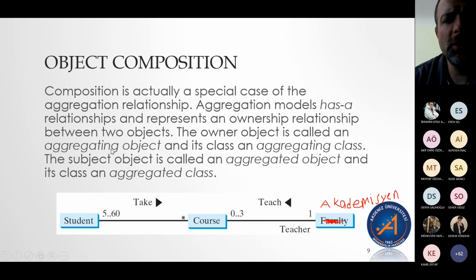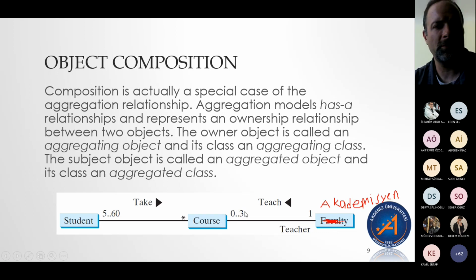Okay, so how would we make this happen in Java code? How could we represent that a student object has courses, or takes courses? How could we represent that a teacher teaches a course? What do you think?